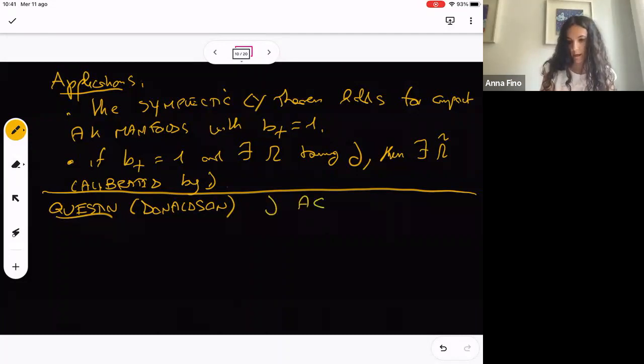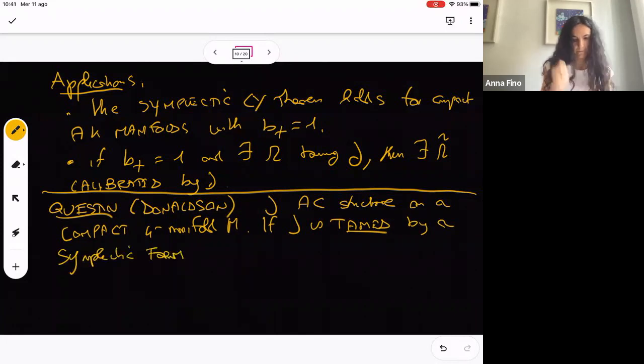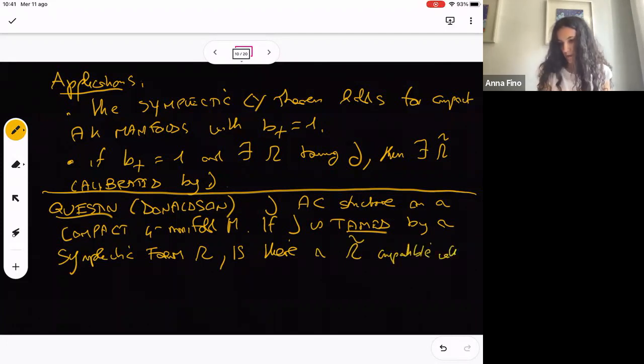Let J be an almost complex structure on a compact manifold M. If J is tamed by a symplectic form omega, is there a symplectic form omega tilde compatible, or calibrated, with J?